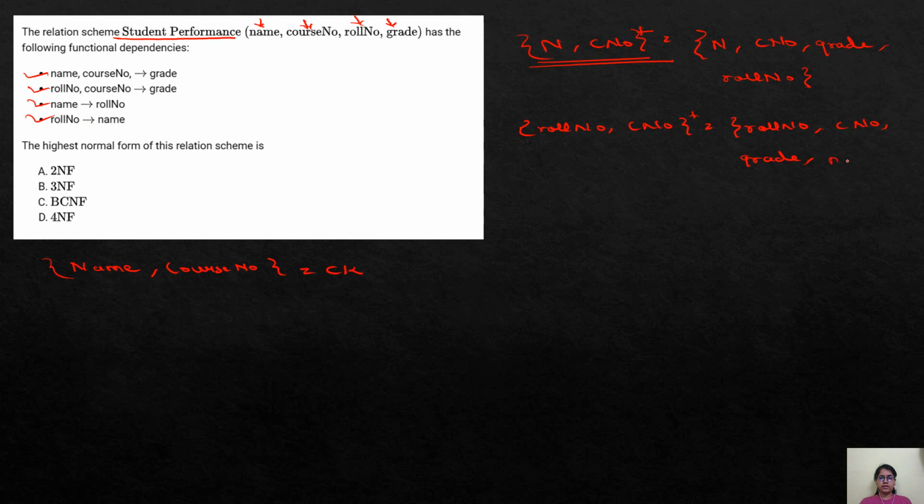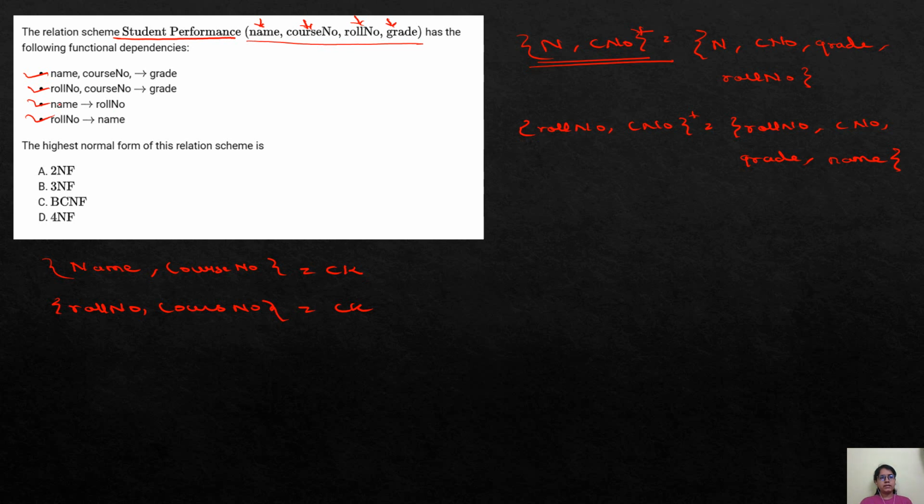So all the attributes are derived. That's why we can say that roll number and course number are also a candidate key.